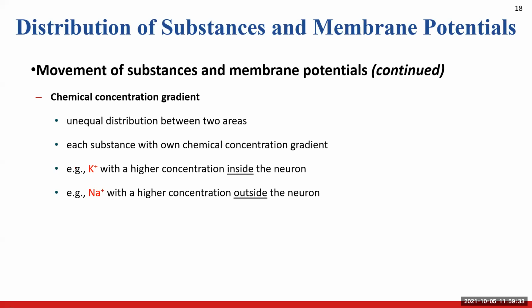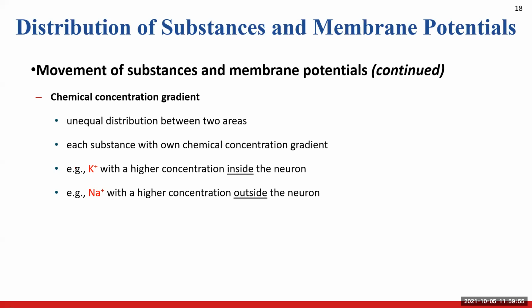Now we're going to talk about the chemical gradient, or the chemical concentration gradient. Remember what I said, we have a distribution of substances inside the cell and outside the cell. Those are the chemicals that we're going to be dealing with here. When we talk about the chemical concentration gradient, that's going to be the unequal distribution of these chemicals between two areas.